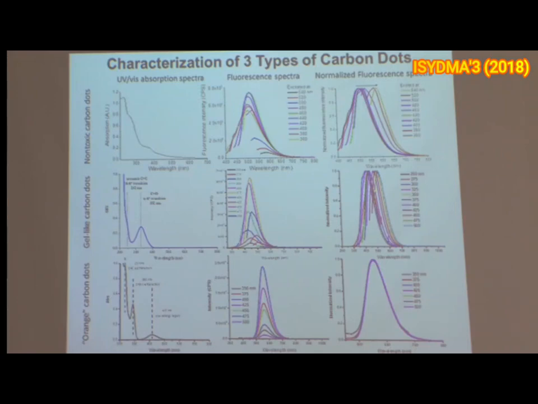And this is true for the second preparation also, which is the gel-like. And finally, the third one, which is the orange carbon dots, and we mentioned what this preparation is. There the excitation wavelength is independent for the emission.